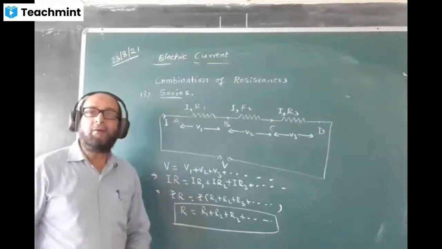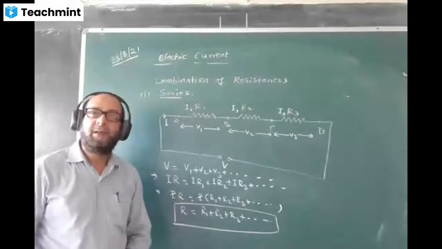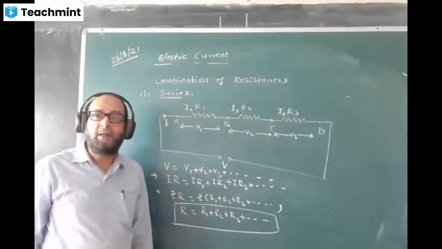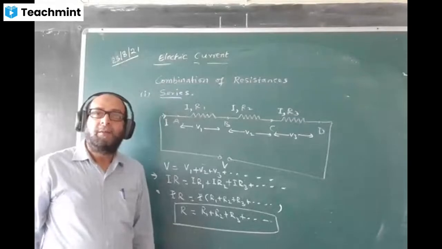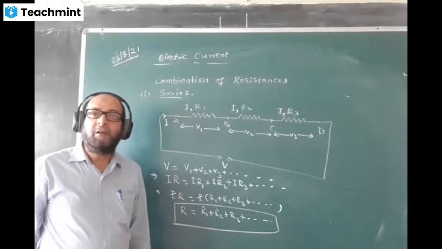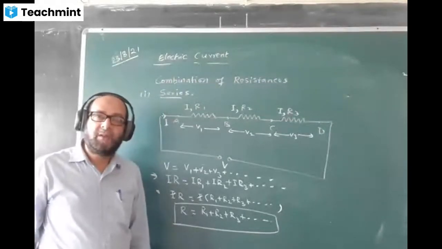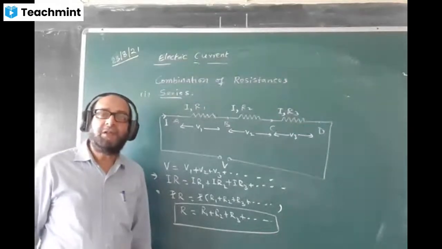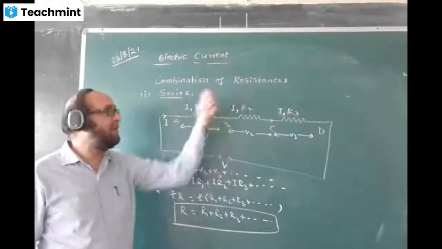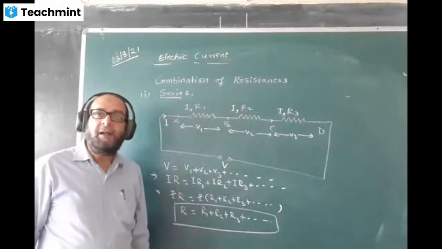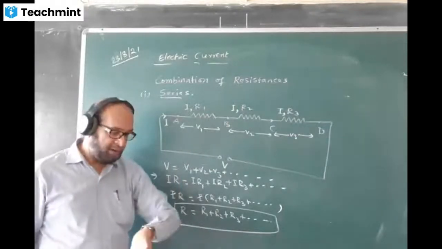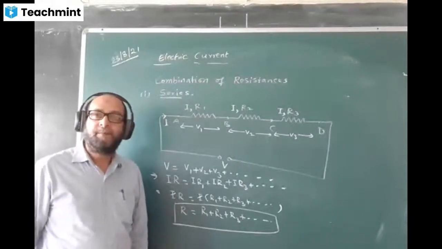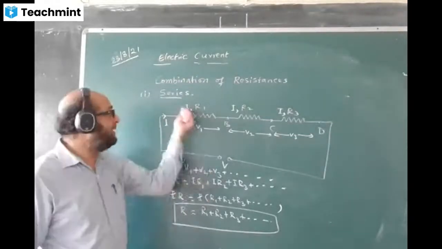Now write down below this: in series combination, the current flowing through each resistance remains the same, current is same everywhere.